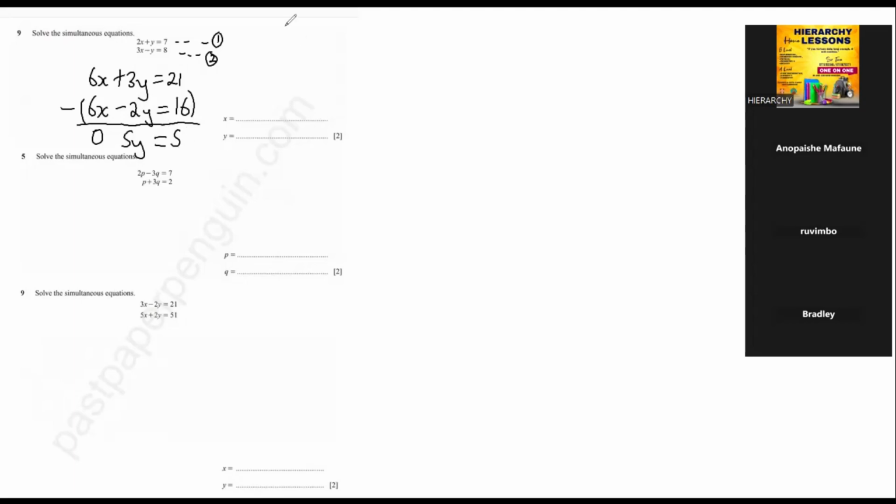So 5y is equal to 5. So to get y, we're going to divide both sides by 5. So what is y? y is 1. Okay, and then how do you find x now?